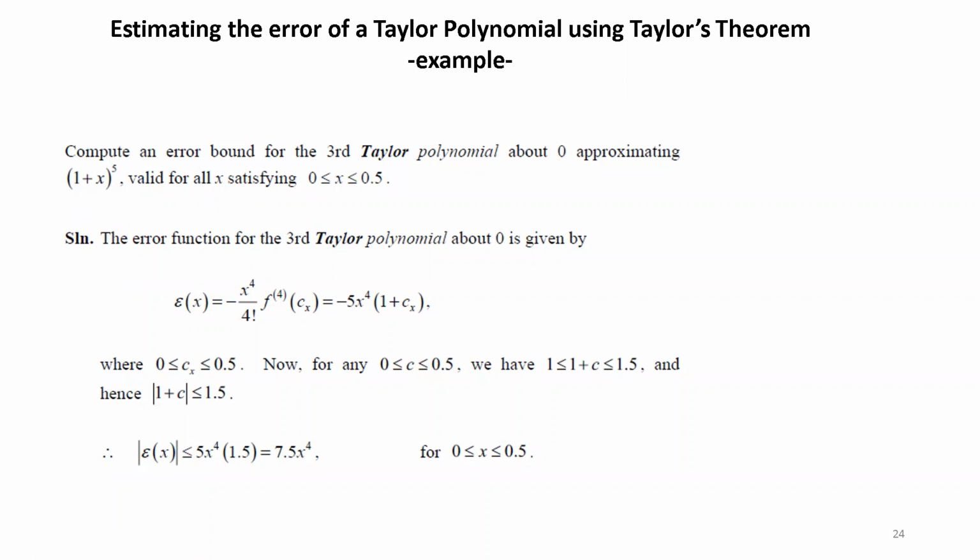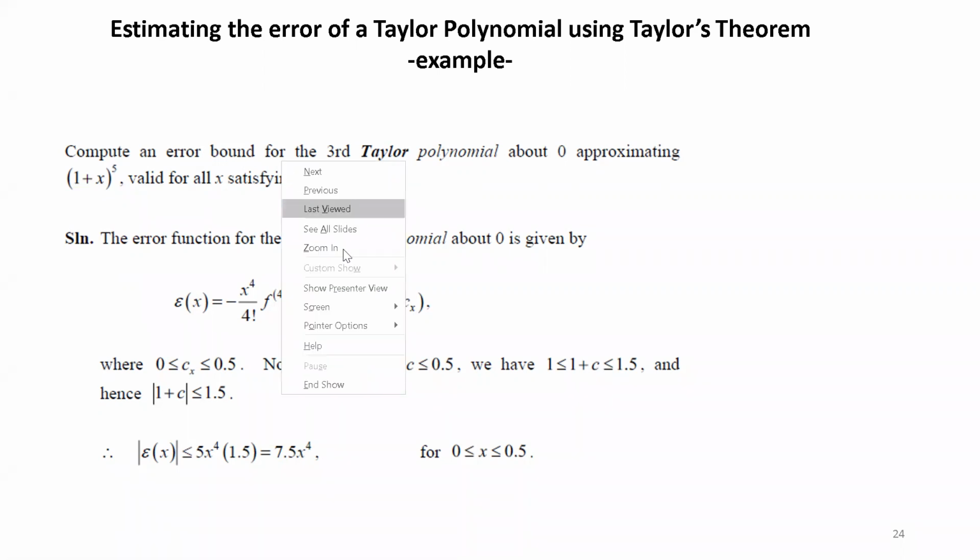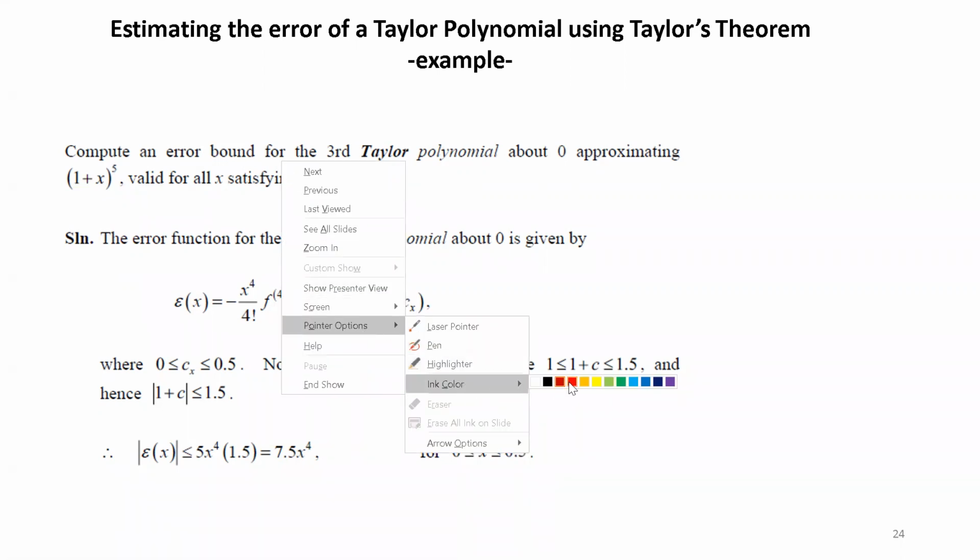Of course, for this function itself, in principle you don't need the technique of Taylor polynomial or Taylor series, because you can just expand it, and you know that the last term is x to the fifth. But here let's test the idea. Instead I'm going to find the Taylor polynomial for this function up to the third order.